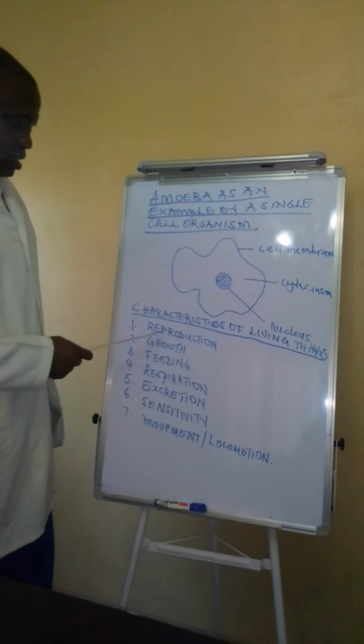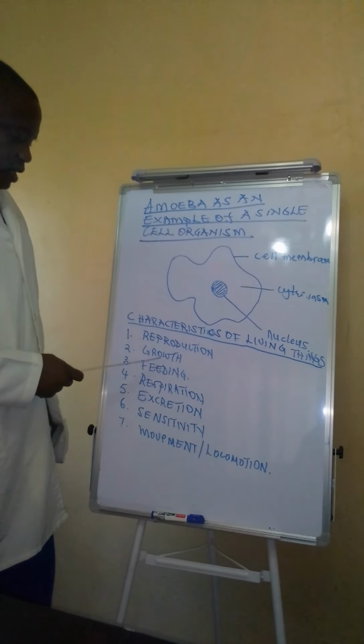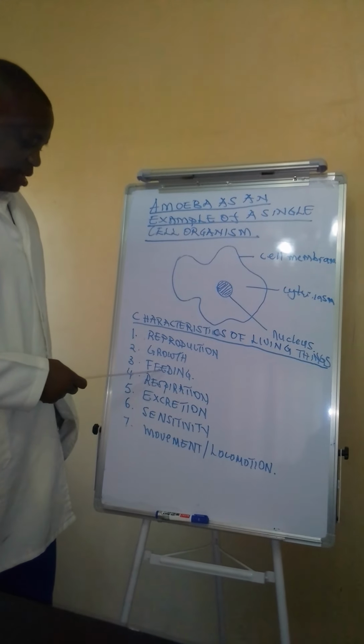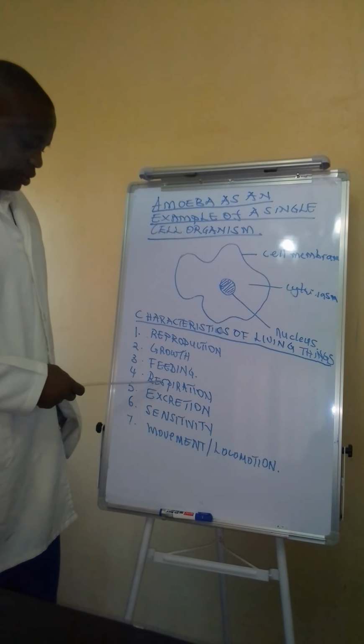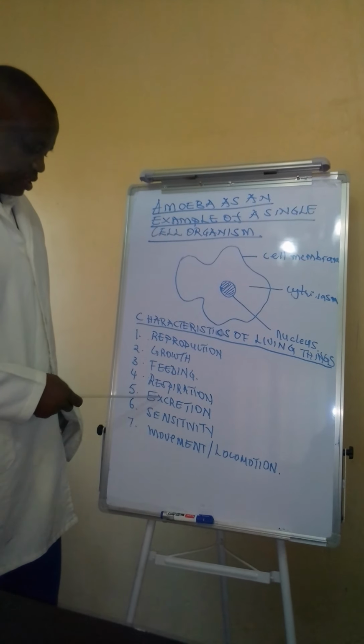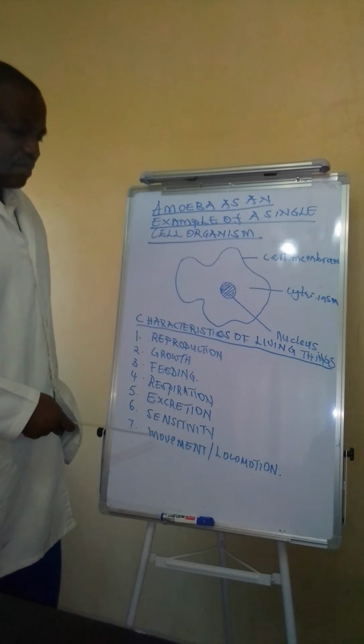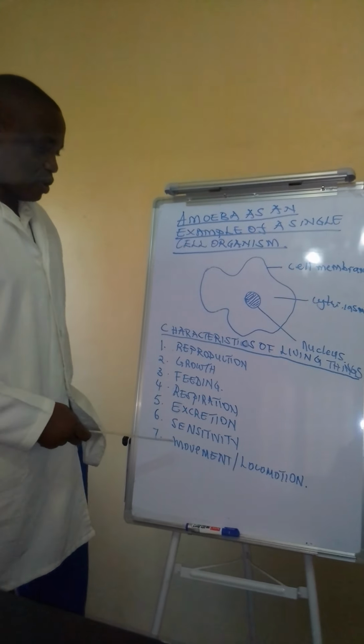Now the characteristics are as follows. Number 1, reproduction. Number 2, growth. Number 3, feeding. Number 4, respiration. Number 5, excretion. Number 6, sensitivity. And number 7, movement or locomotion.